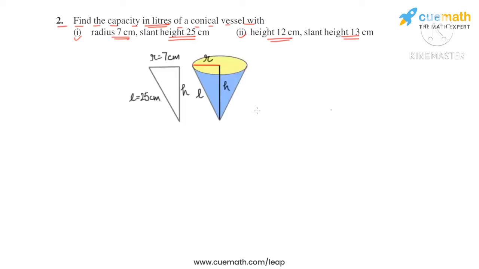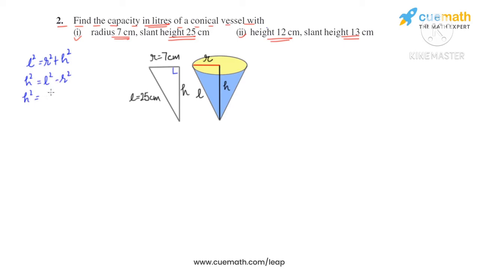To find height, we can use the right triangle where slant height is 25 centimeters, radius is 7 centimeters, and we have to find the height. So we'll apply the Pythagoras theorem that L square is equal to R square plus H square, as we have to find H. So H square is equal to L square minus R square. Let's substitute the values.